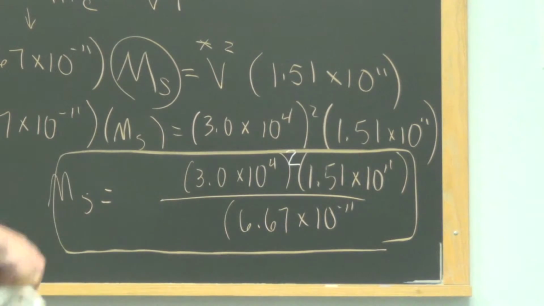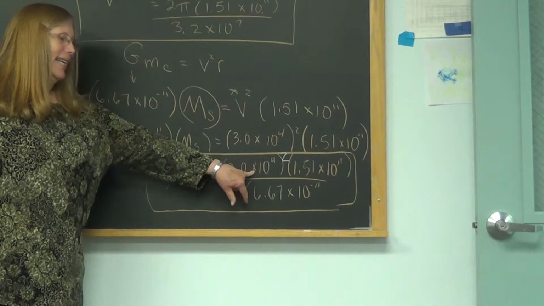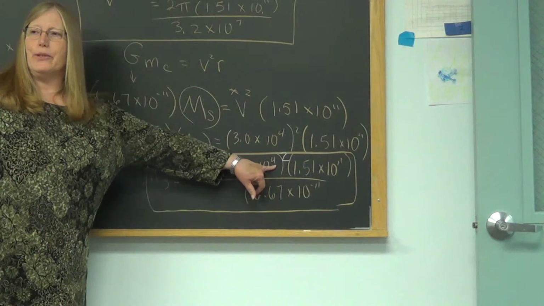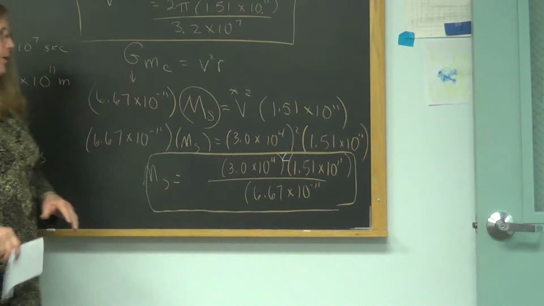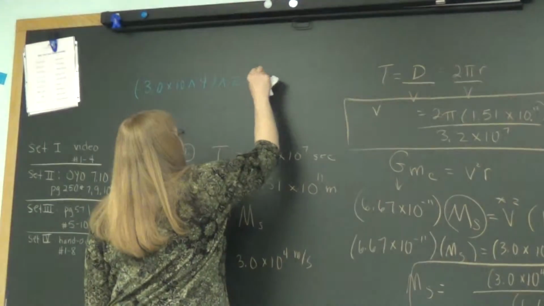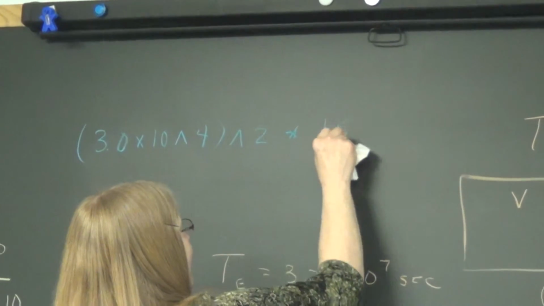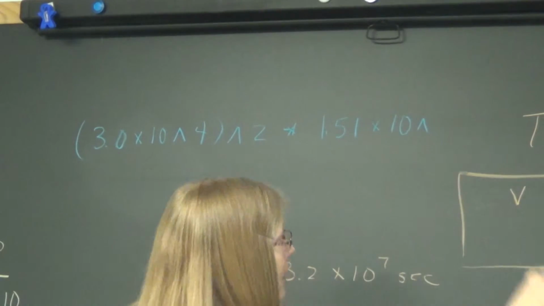So that's good. I just want to tell you that when you plug in 3.0 EE, it shows up on your screen as E, but if you put in EE 4, you could do 3.0 times 10 raised to the 4th, in parentheses, raised to the 2, or hit the squared button, either one, times 1.5 times 10 raised to the 11th.